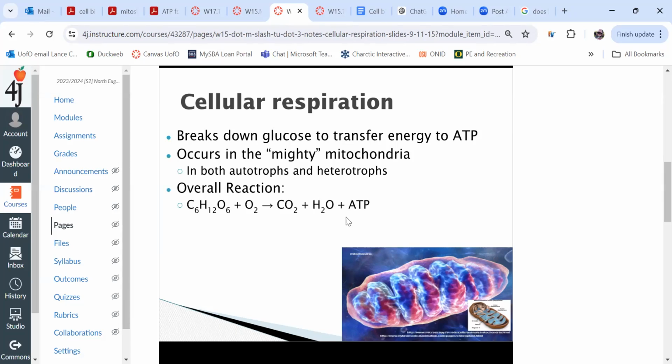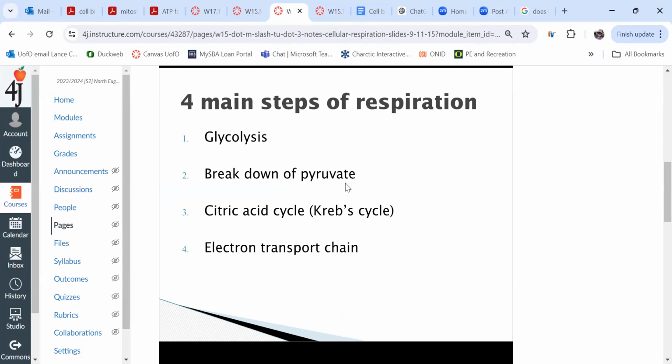Oh, we know from our cellular respiration lab that the amount of oxygen we take in affects the rate of cellular respiration. So our rate of oxygen uptake.